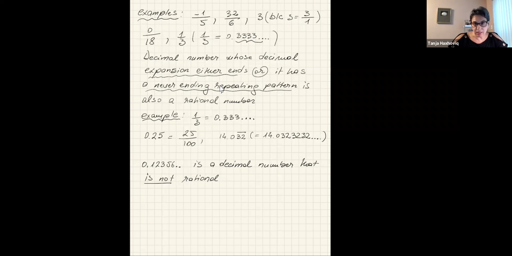If it has a never-ending expansion, there must be a pattern that repeats to infinity, just like this number here. And that's not the case with this number.